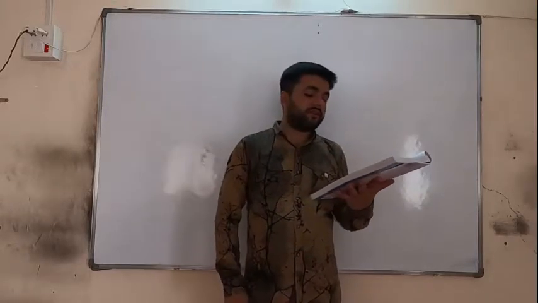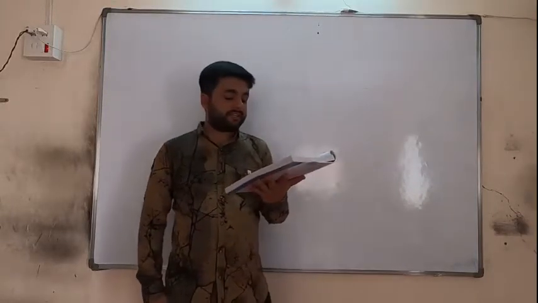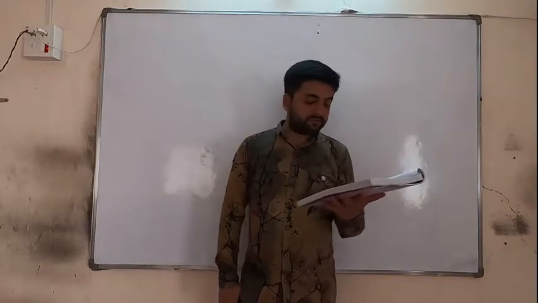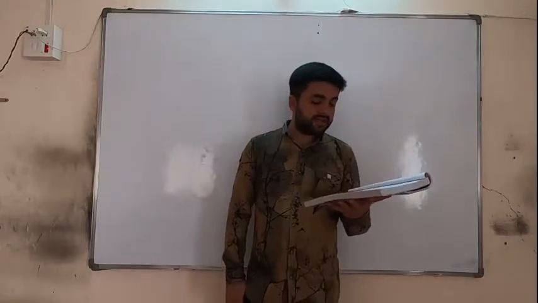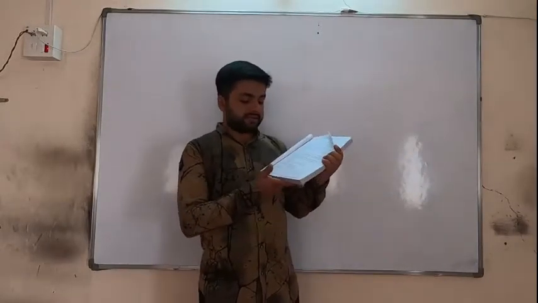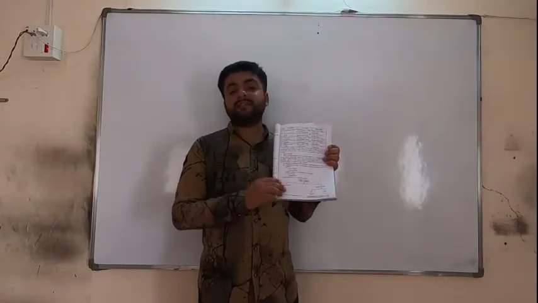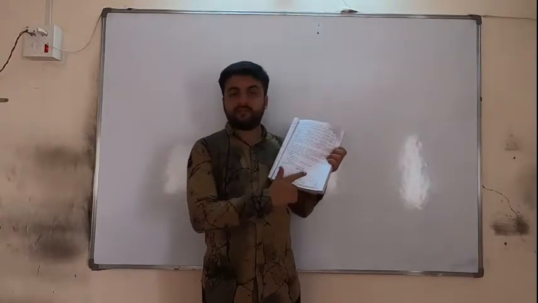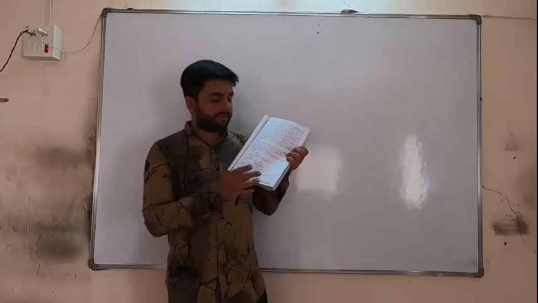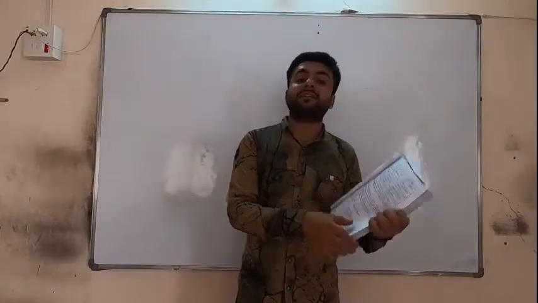The classification of accounts is categorized mainly into two categories: personal and impersonal accounts. Impersonal accounts are also of two types, real and nominal accounts. In tabular form they are explained on page number 31. A chart is given of types of accounts: personal account, impersonal account. In personal account there is only one type. In impersonal account there are real and nominal.